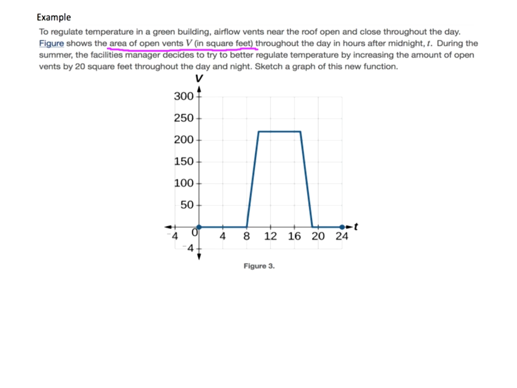The area of open vents V in square feet, so that's this axis right here. Throughout the day, in hours after midnight T, so that's what this axis is right here, purple.